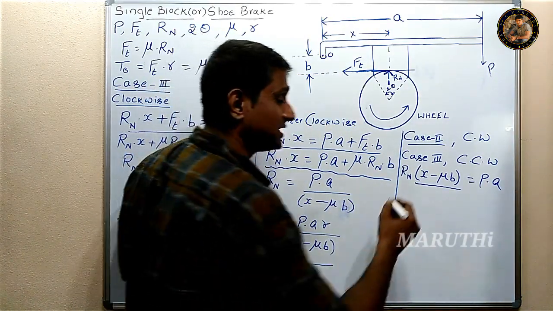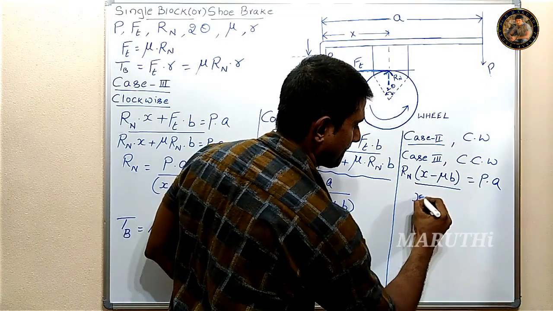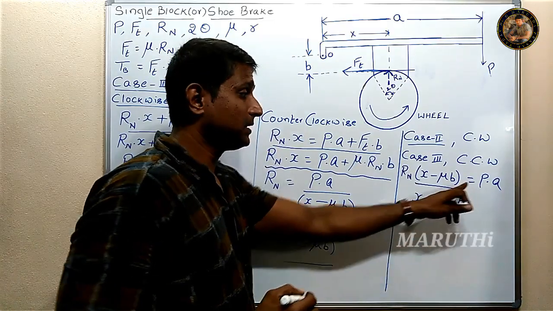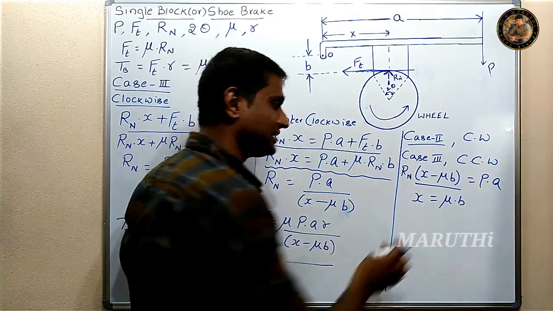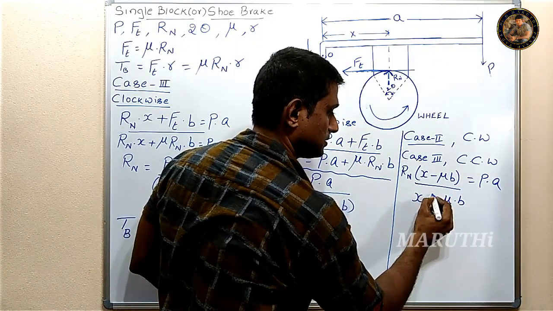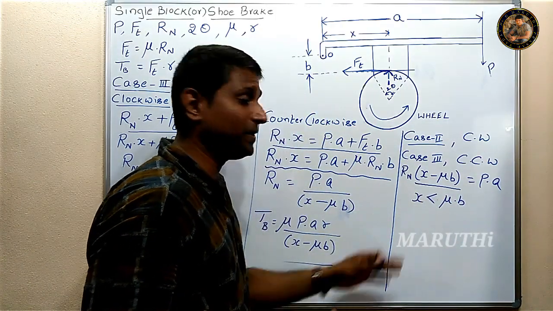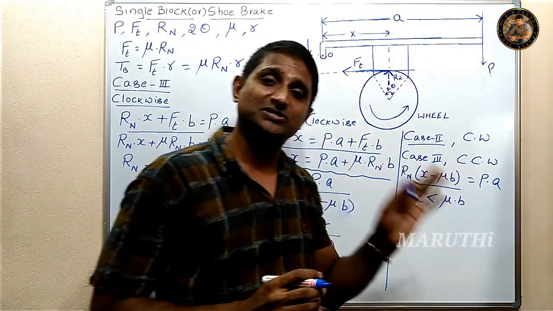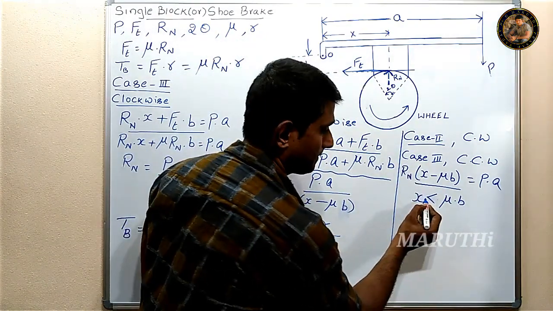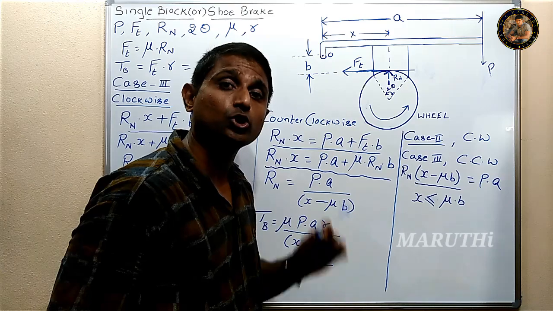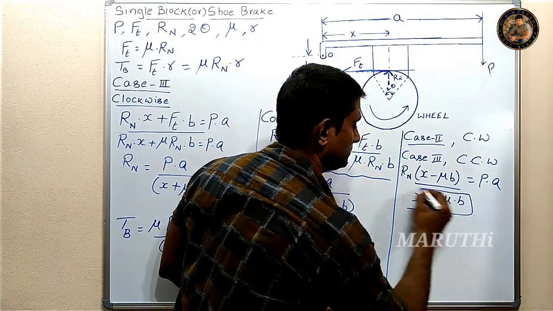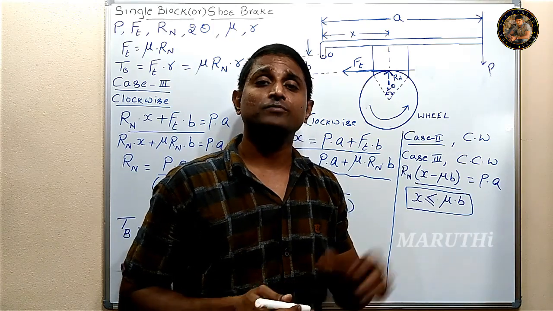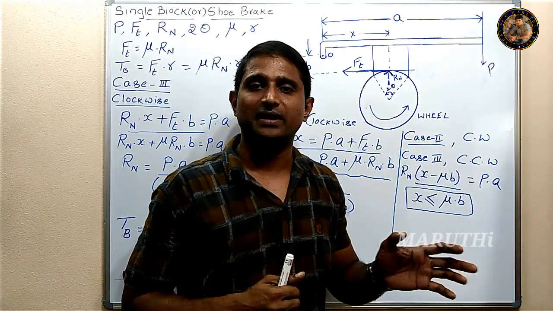So the only possibility is if X is equal to mu B, P will become 0, or else if X is less than mu B, P will become negative. So P, the external force, can be 0 or negative only when X is less than or equal to mu B. So when X is less than or equal to mu B, those brakes are called self-locking brakes.